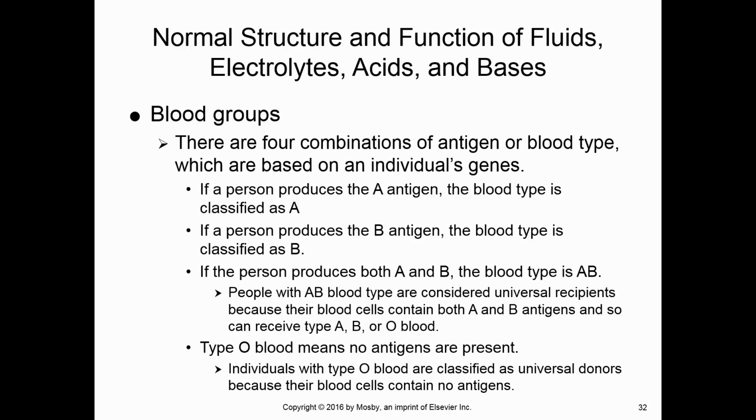If they receive blood of another blood type, they're going to detect those antigens on those blood cells, see them as foreign, and lyse those blood cells. So if a patient is type O, they can give their blood to anybody, but they cannot receive blood from anybody.